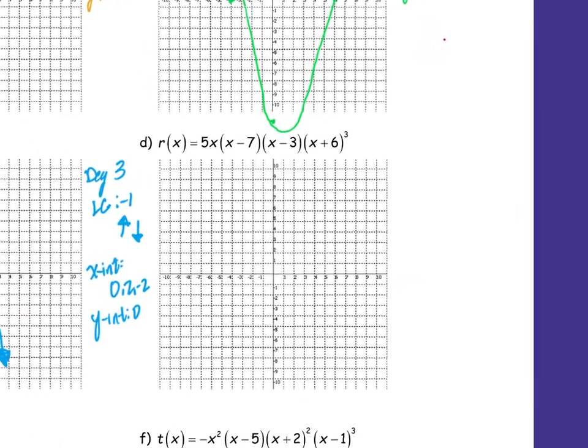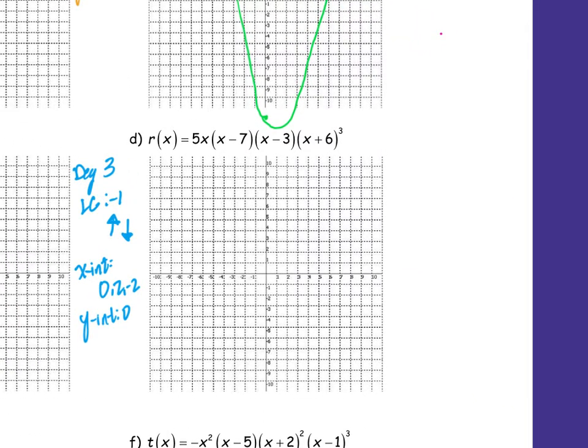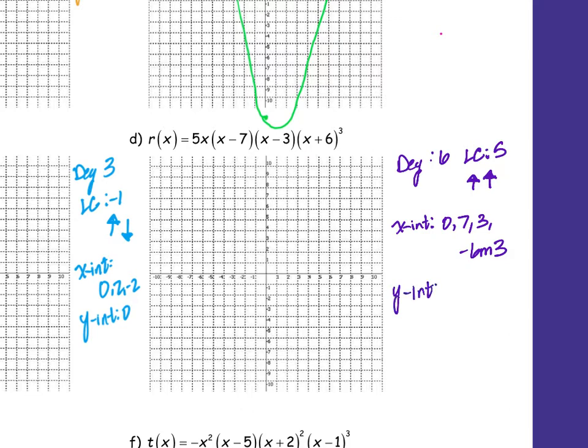Okay, D, degree 6, leading coefficient 5, so positive leading coefficient, even degree, they're both going to open up. My x-intercepts are going to be 0, 7, 3, -6 with a multiplicity of 3, and my y-intercept is 0.